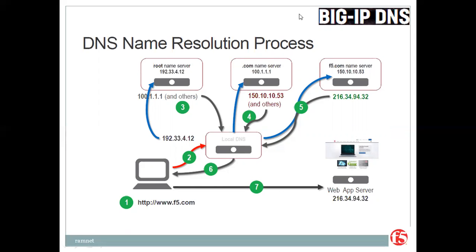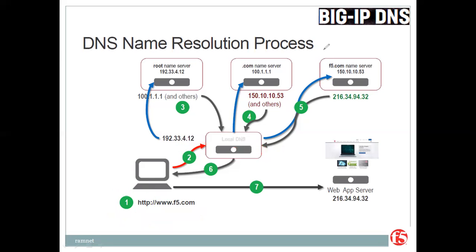Number one, the client, makes the query for www.fi.com. The second goes to the LDNS. LDNS means local DNS. It will try to resolve it with the local DNS.